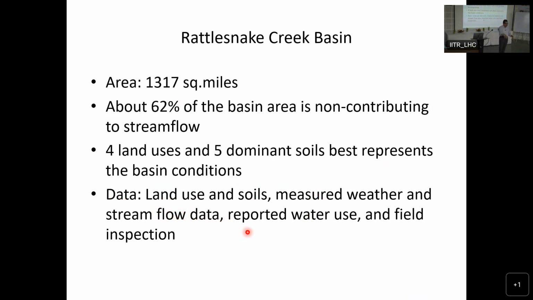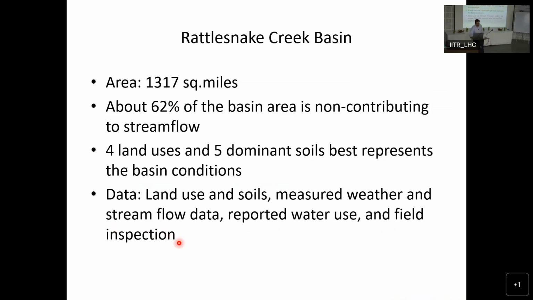Many farmers have wells, just like the problem that Professor Shekhar was talking about today. And the farmers are not charged for their water. They are requested, if you will, to report how much water they're using, but that's also voluntary. They don't have to report it. So those who choose to report it, we have that information. So I said reported water use.